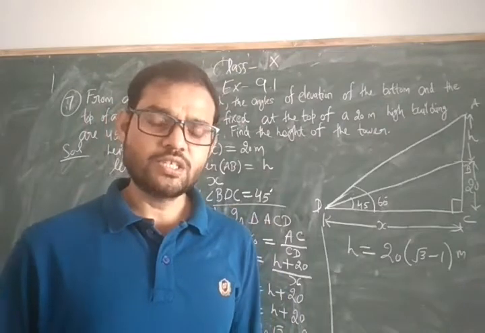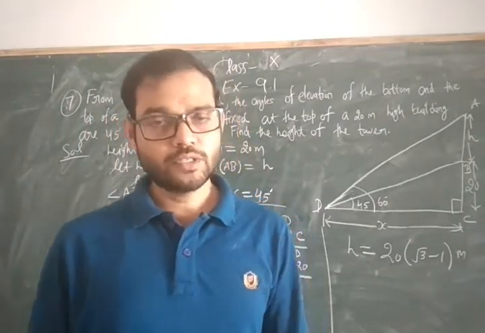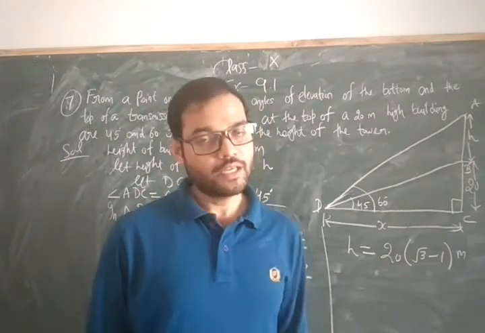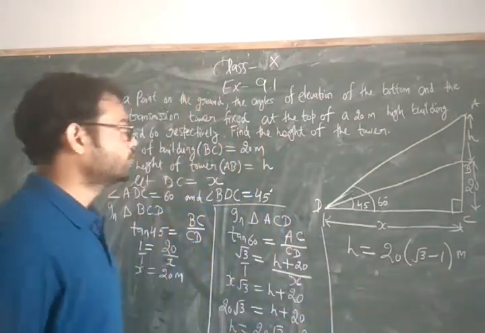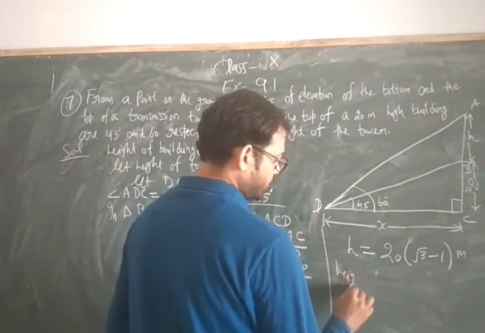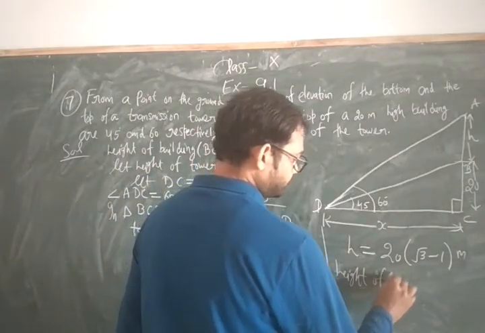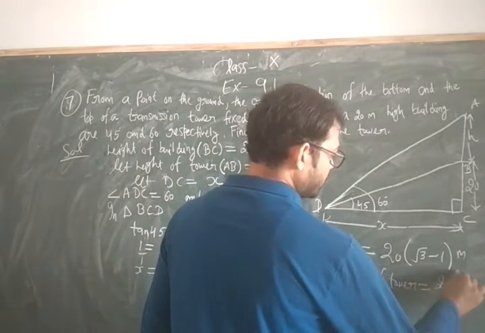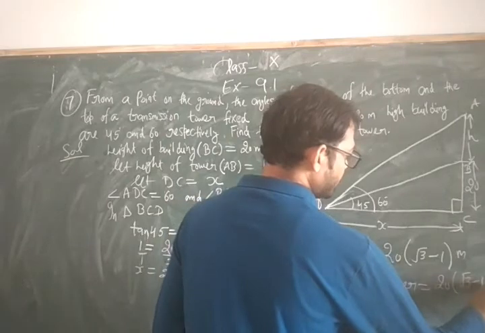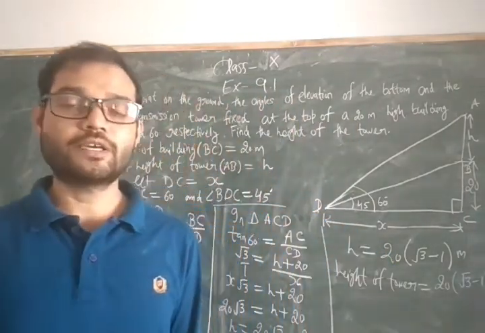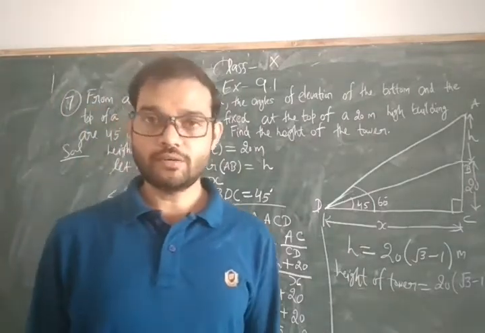If it is not mentioned, then no need to put it. You can stop your answer here also. After this, you will just write that the height of the tower is equal to 20 bracket under root 3 minus 1 meter. This will be the height of the transmission tower.